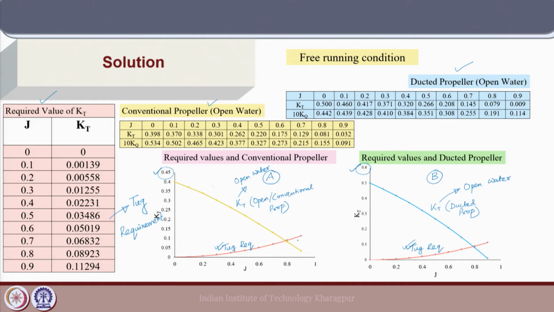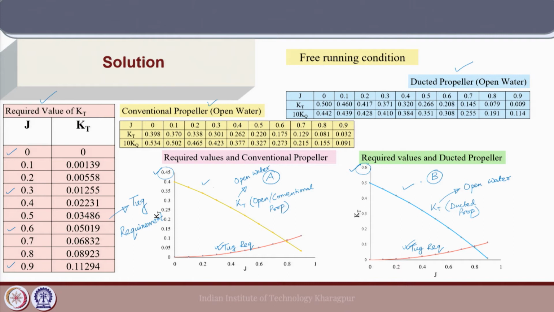It is also important to note that the thrust requirement in the form of KT for the tug increases with the increase of J as we have computed earlier. So, this is just the reverse of the thrust curve pattern in the open water diagram for the conventional as well as the ducted propeller. Okay.